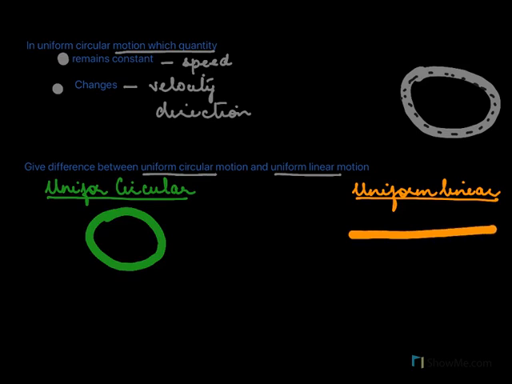So for uniform circular motion, the object is moving in a circular path with a uniform speed, and for linear motion it is moving along a straight line with a constant speed. So we write, body moves along a circular path, and here the body moves along a straight line.